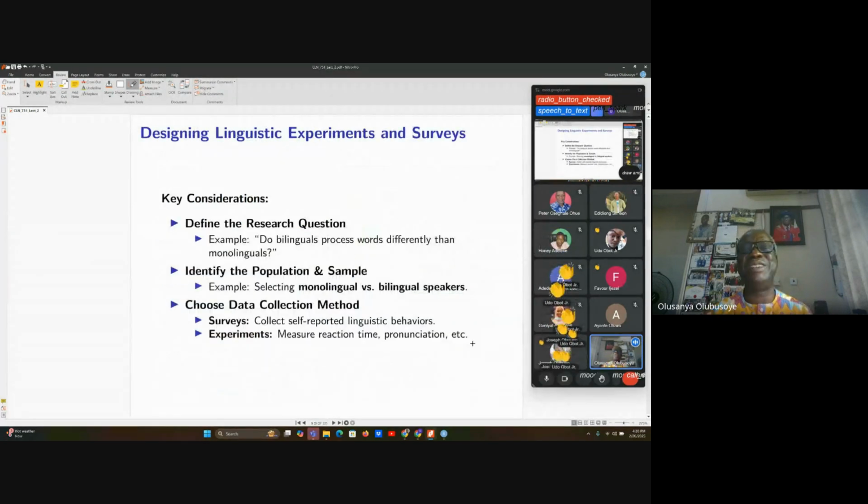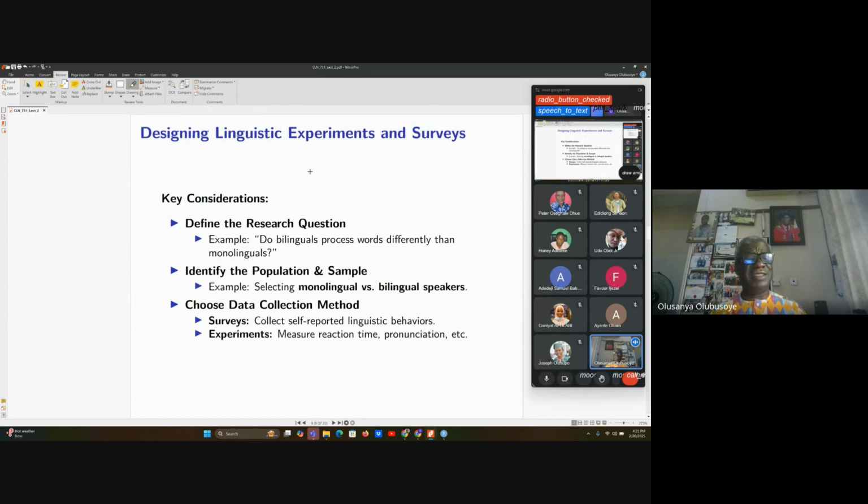That's good. So let's quickly move to how we design linguistic experiments and surveys. Most of us, when we are doing our project or research, will need to conduct linguistic experiments.